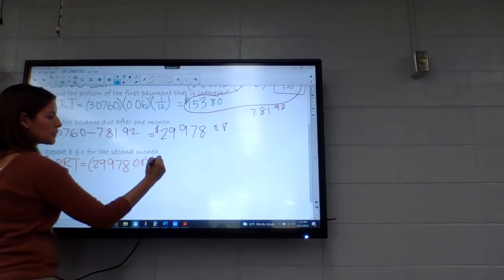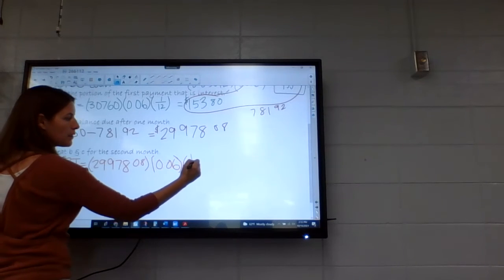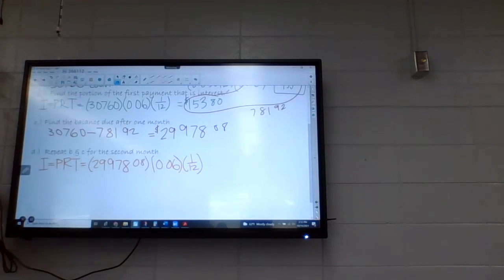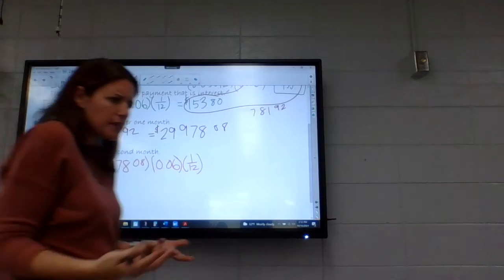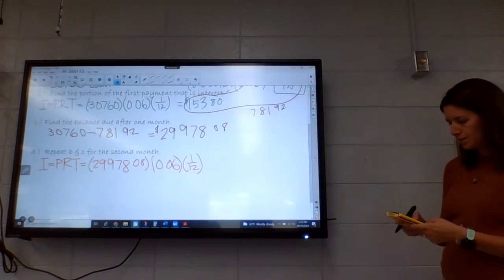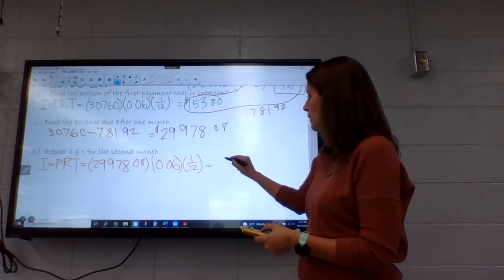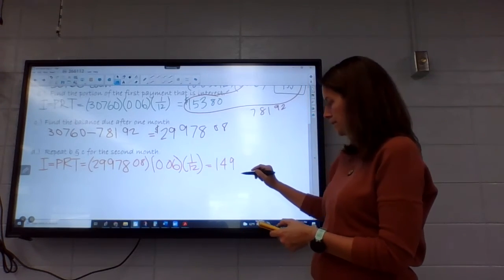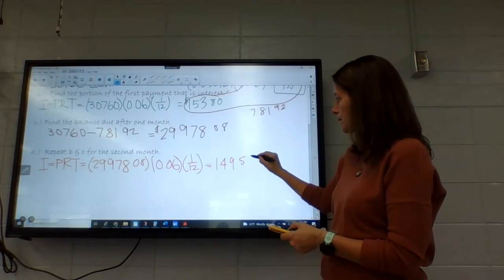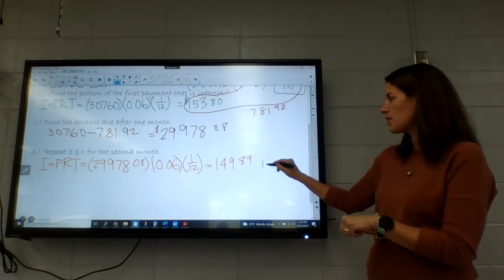We're paying 6% interest still, but only for a month. So we're going to give less to the bank this month. A little bit less, but still less. So 149.89 is what's going to the bank. That's our interest to the bank.